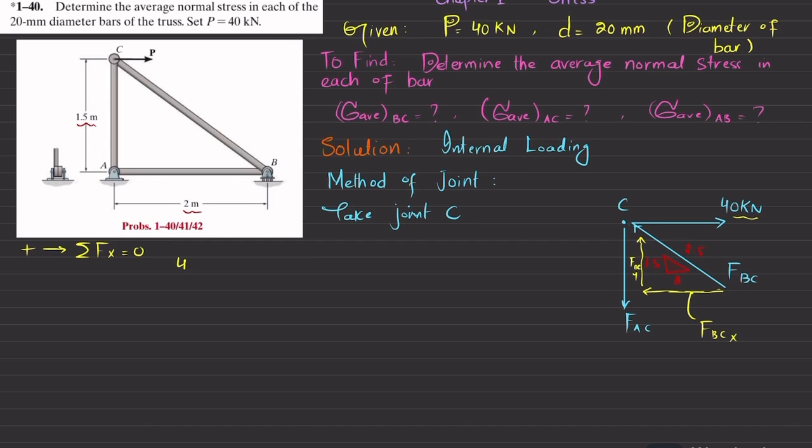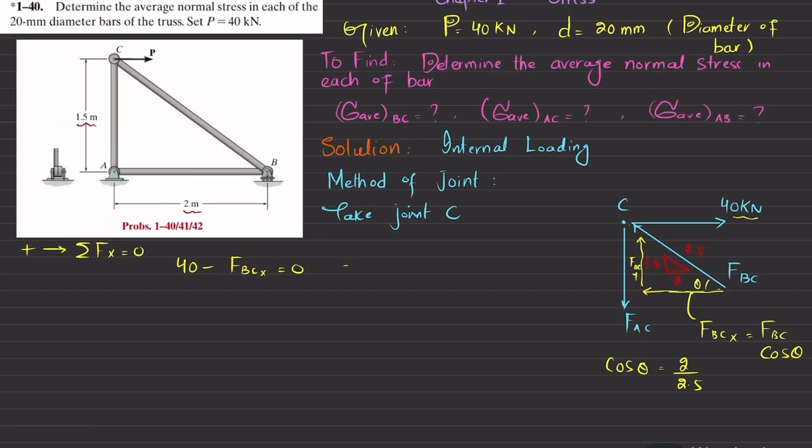For the x component, I will write 40 kilonewton in the positive direction. So 40 minus the FBC x component will be equal to 0. Now if this is making an angle of theta, then cos theta will be equal to base, which is 2, divided by hypotenuse, which is 2.5, and FBC x will be equal to FBC into cos theta.